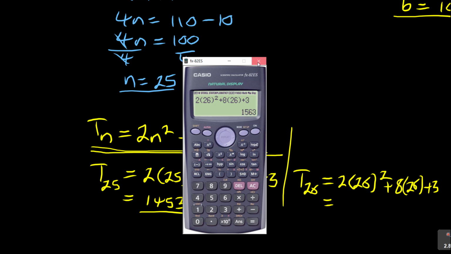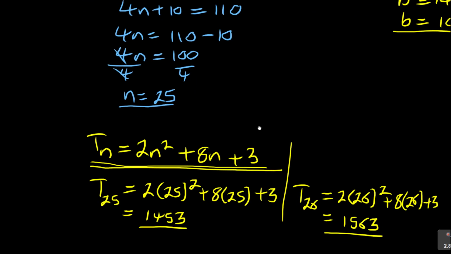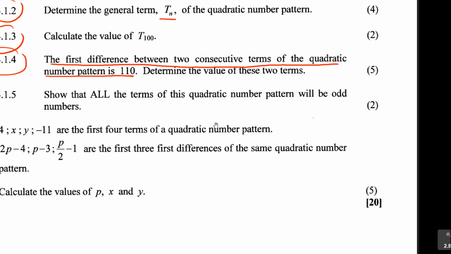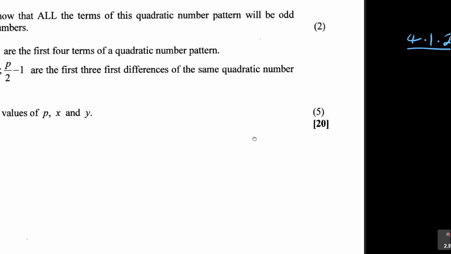It's 1563. Right. Now the question was, let's go back here. They said the first difference between the two consecutive terms of the quadratic pattern is 110. Determine the value of these two terms.